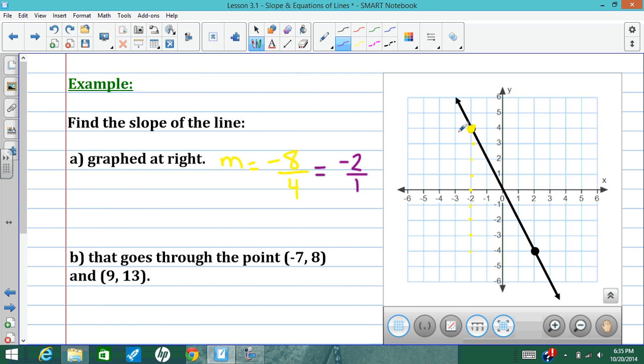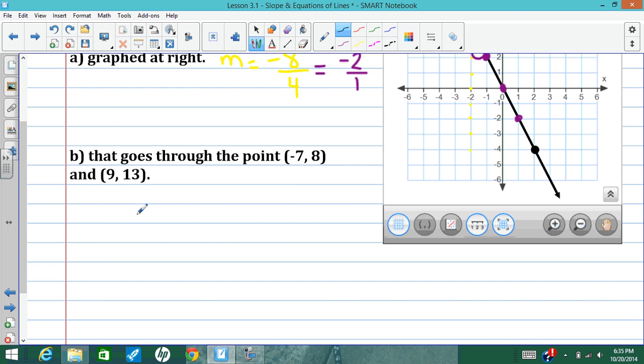So that tells me every time I go down 2 and go to the right 1, I'll end up back on the line. So I can start on this point, go down 2, to the right 1, and I'm back on the line. And I can keep going. Down 2, to the right 1, down 2, to the right 1. I think you get the picture.